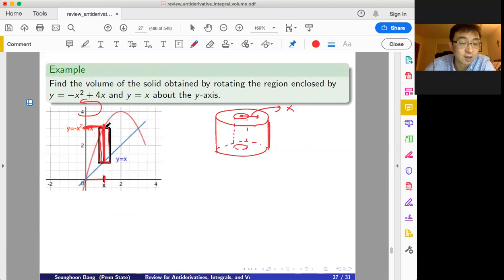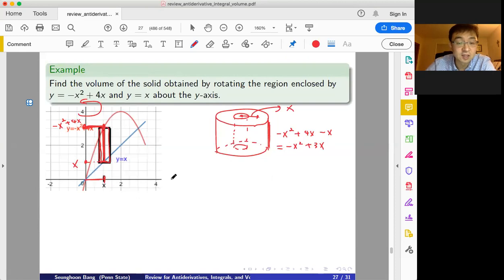The curve y equals minus x squared plus 4x is this value, and this one is exactly the function value on the line, x. So we have negative x squared plus 4x minus x, which is negative x squared plus 3x.